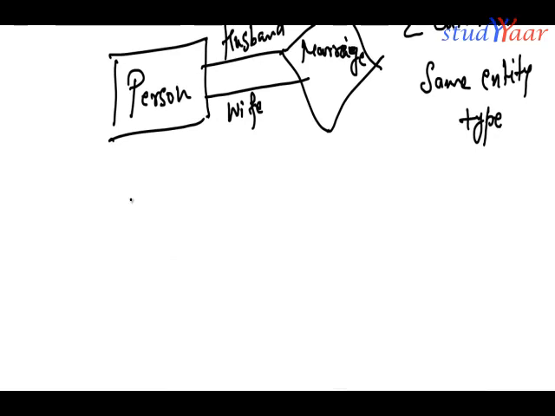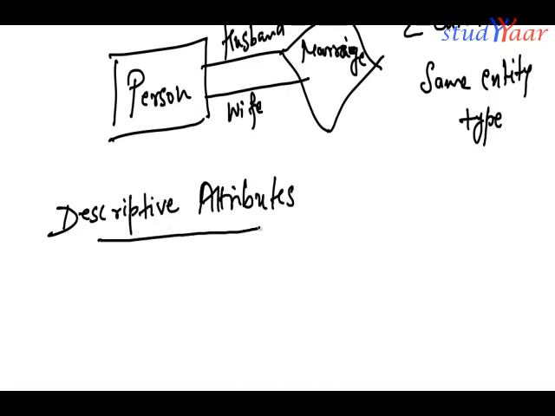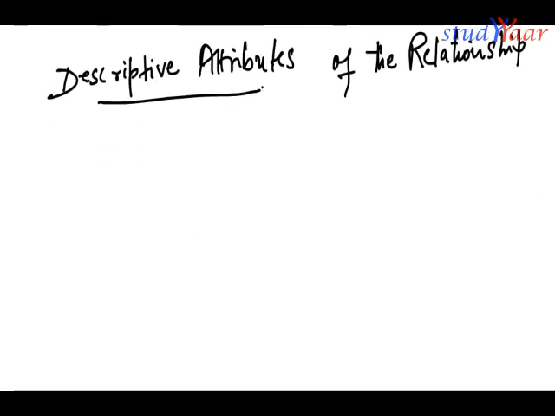Now we'll take a look at descriptive attributes. Descriptive attributes are the attributes of the relationship. There may be some attributes which are not actually characterizing the entity but are characterizing the relationship. Let's revisit our example.